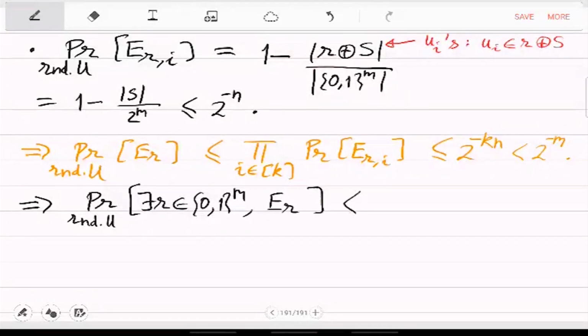So the size of this space times the probability, which is 2 raised to minus m, which is just 1. This is by the union bound.